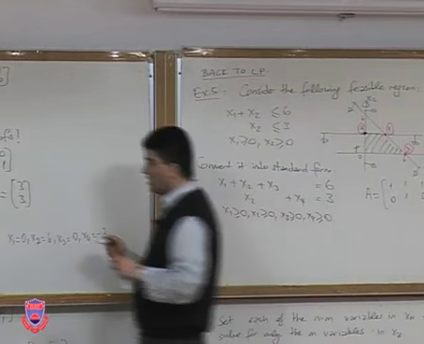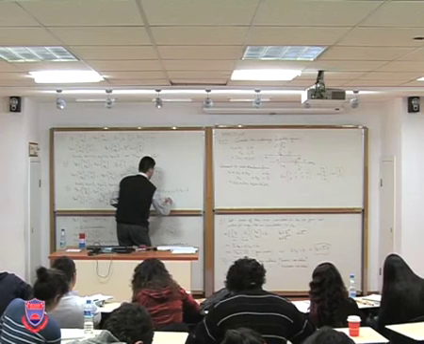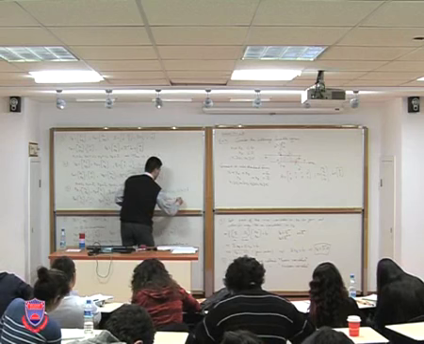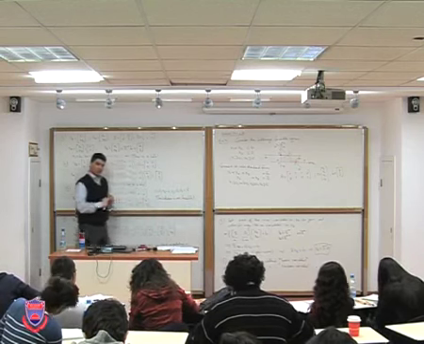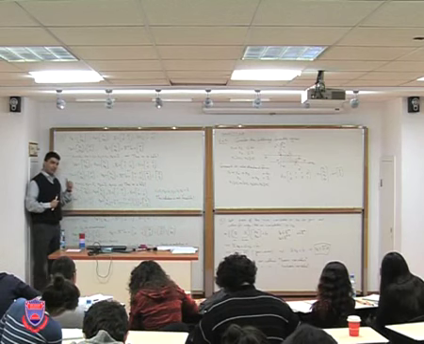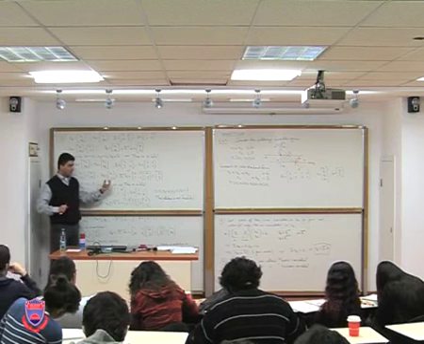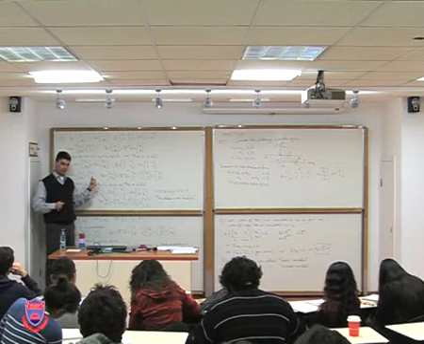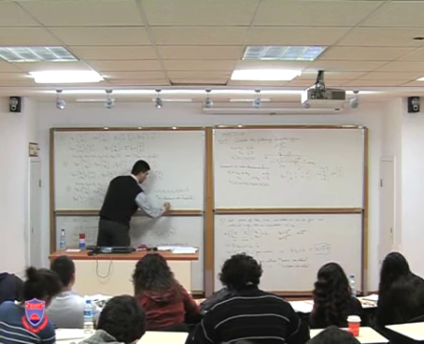So this solution is not feasible. So it's still a basic solution, but it's not a feasible solution. Okay? So since it's still basic but it's not feasible, it's not a basic feasible solution. So this is not a BFS.